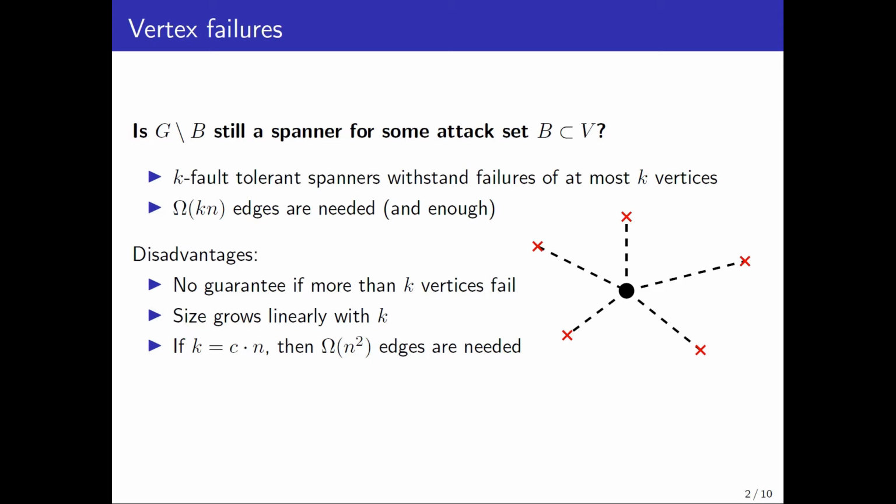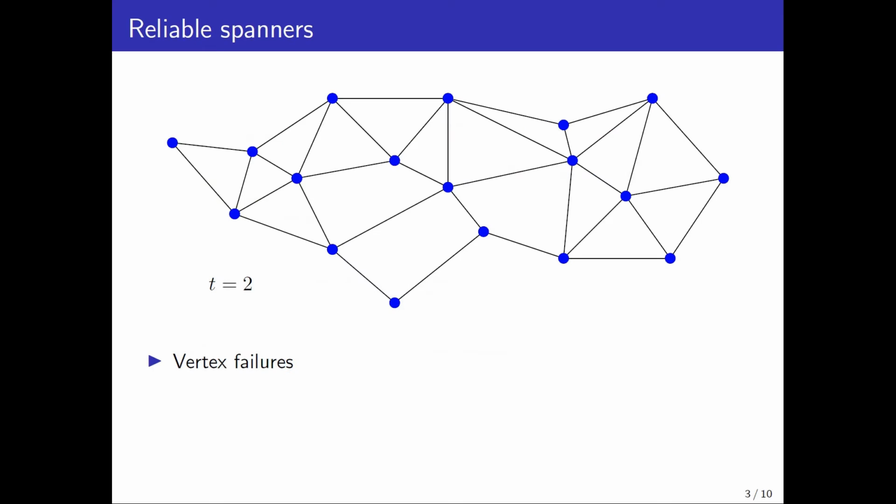But if you want to prepare for huge catastrophic failures, then we essentially need a complete graph. So here's a natural question: how to construct such a graph that can survive catastrophic failures while having fewer edges, not quadratic? That's how reliable spanners come into play.